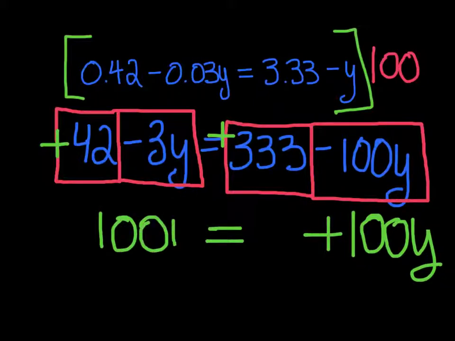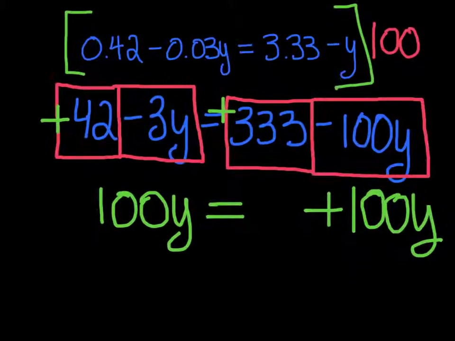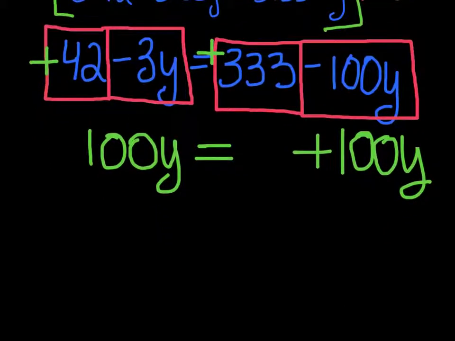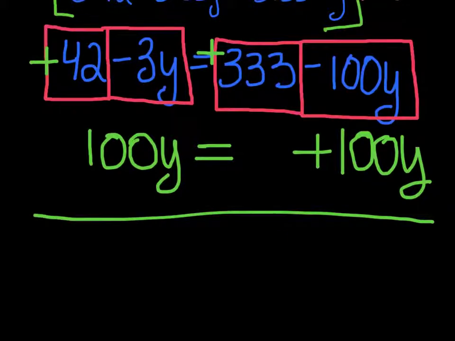Okay, when I do that, the y factors on the right side of the equation equal 0. Minus 100y plus 100y equals 0. So I have successfully simplified the right side of the equation.